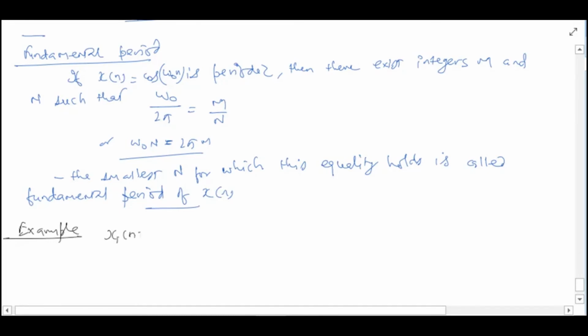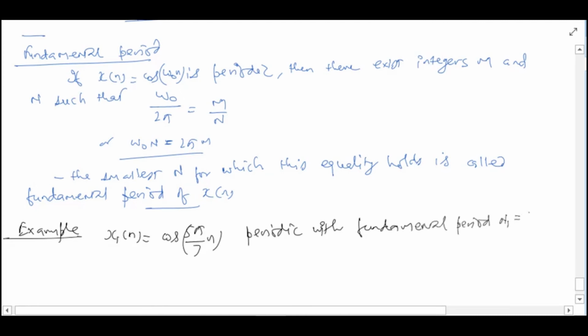Consider x1[n] to be equal to cos 5 pi by 7. Following the above definition, it can be seen that x1[n] is periodic with fundamental period n1 equal to 14.